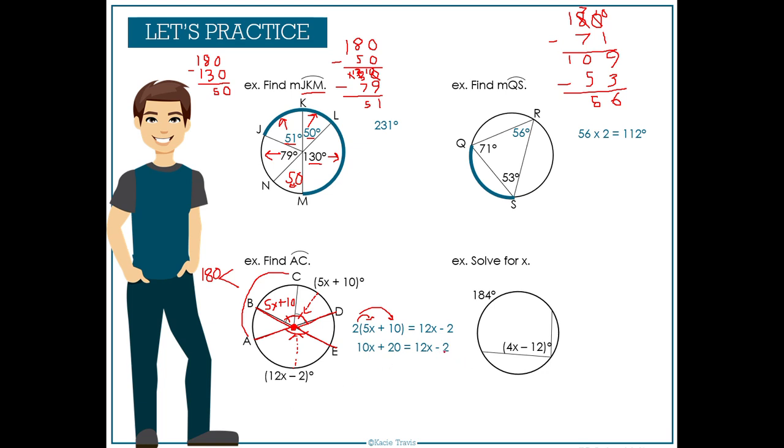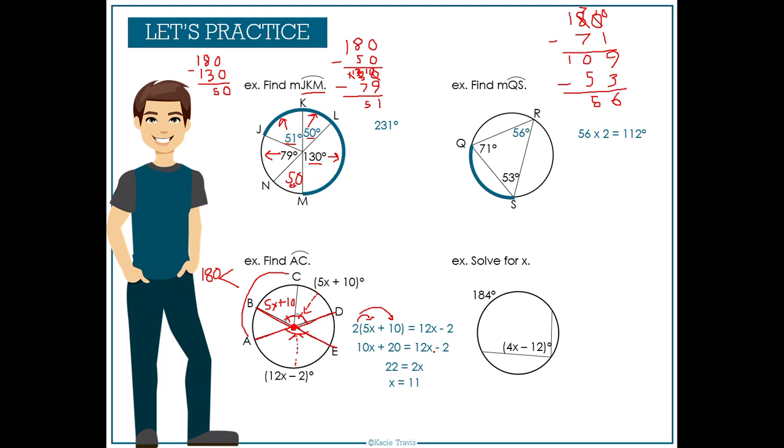So if I take this 2 and bring it over here, that's us adding 2. If I take this 10 and bring it over here, that's us subtracting 10. So we would end up with 22 is equal to 2x. When I divide both sides by that 2 next to the x, I get x equals 11.